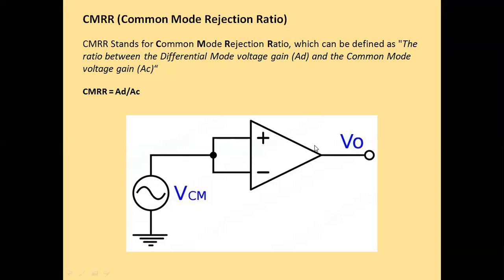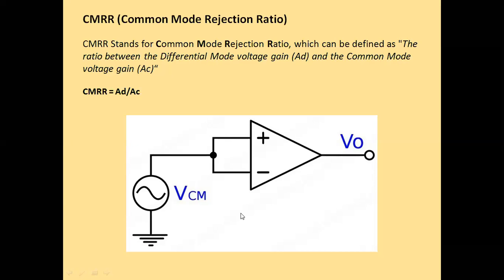Once again I will repeat, differential mode voltage gain is nothing but, here we are applying two different signals to the two inputs, that is non-inverting and inverting. The output we will get in terms of gain is nothing but the differential mode voltage gain. As per the term common mode voltage gain, here we have to give the same voltage or same signal to both the inputs, that is to the non-inverting and to the inverting.